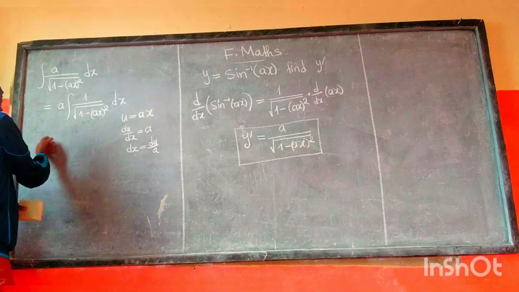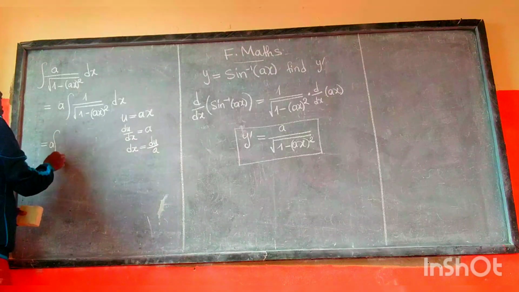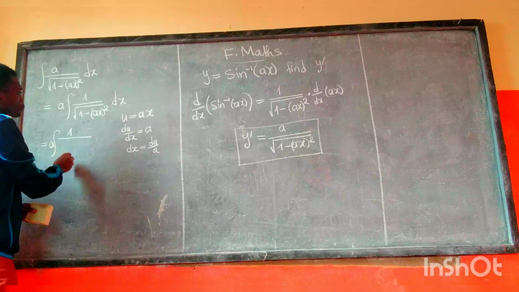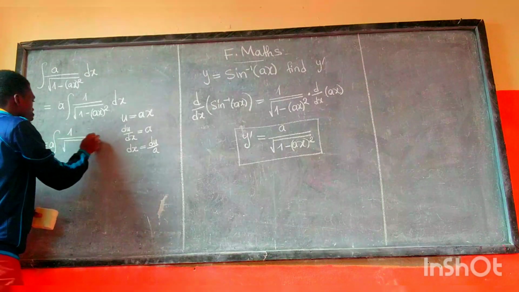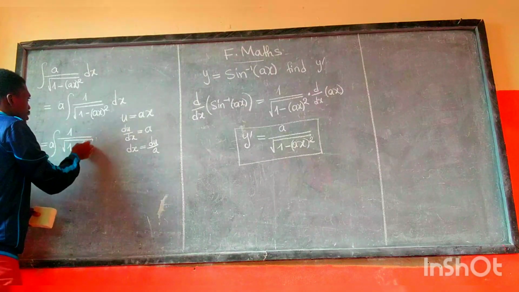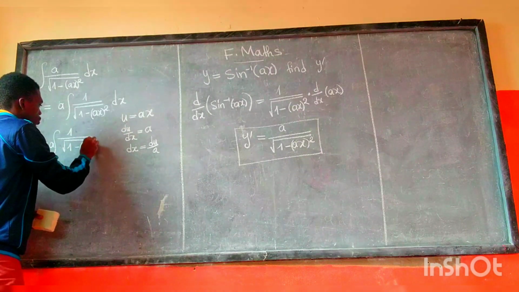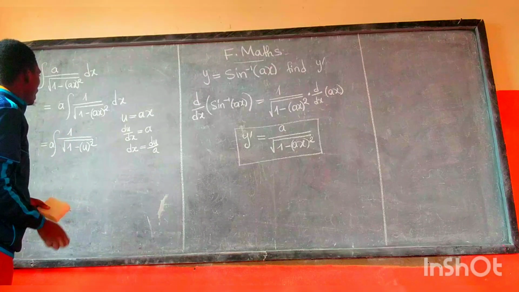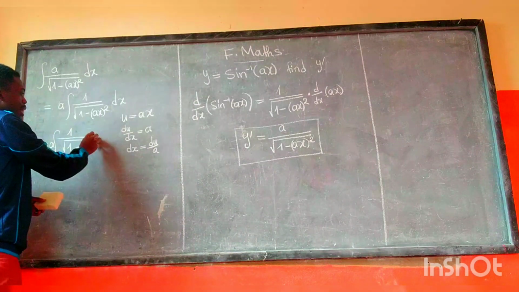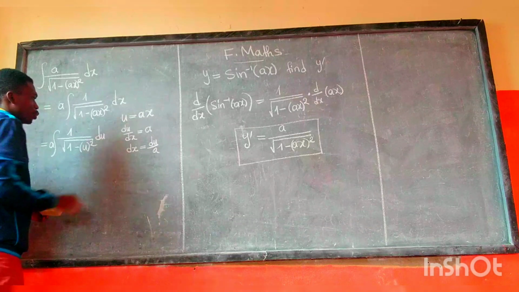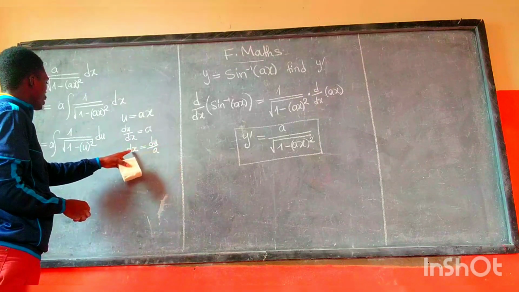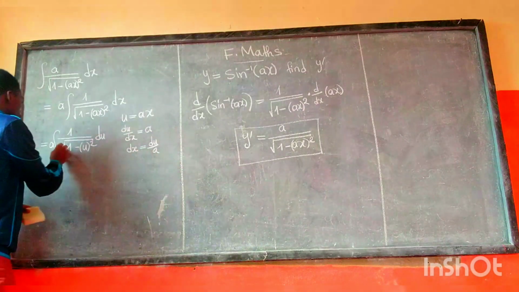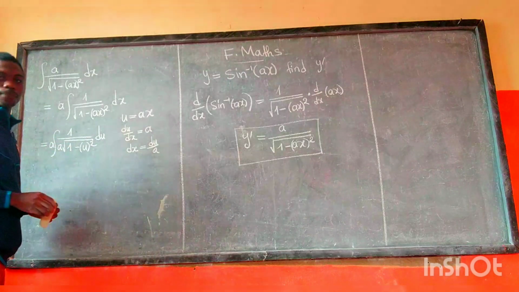So my integration becomes a times the integral of 1 divided by the square root of 1 minus ax, which becomes u squared, because I have let u be ax. Then I'm replacing dx with du over a.